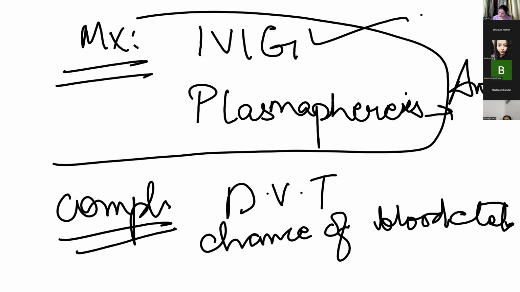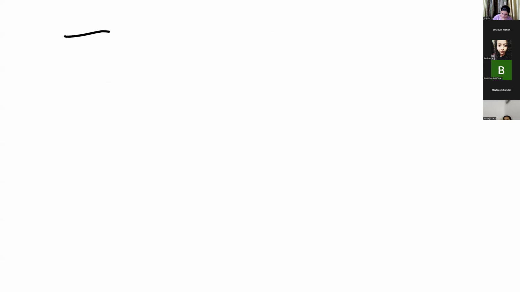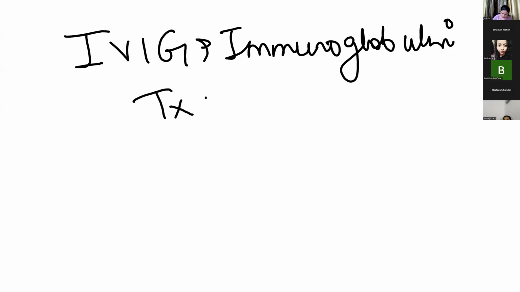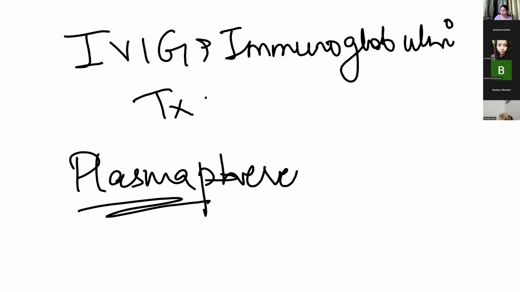IVIG is immunoglobulin treatment. And plasmapheresis removes antibodies from the body. Any doubt till now?